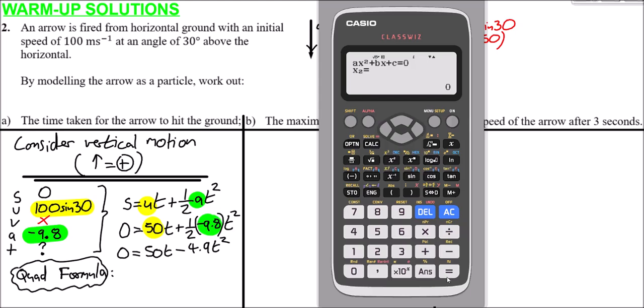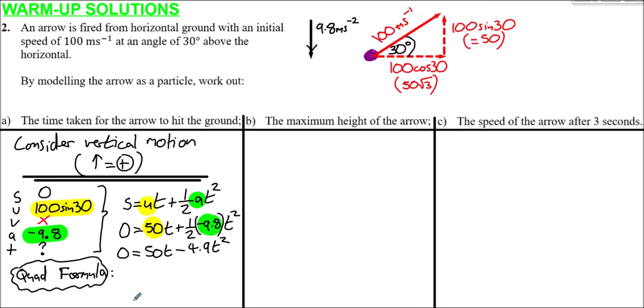Now t is 0 relates to its starting point, because it starts on the ground, so its vertical displacement is 0 when t is 0. That's the trivial solution. So we want the other solution, 500 over 49, which as a decimal is 10.2 seconds. So t equals 10.2 seconds. That's part A done.